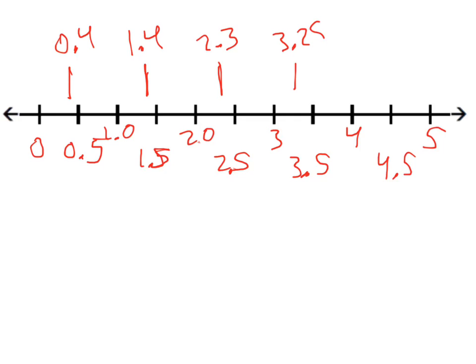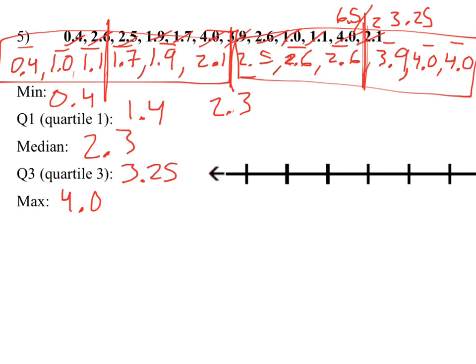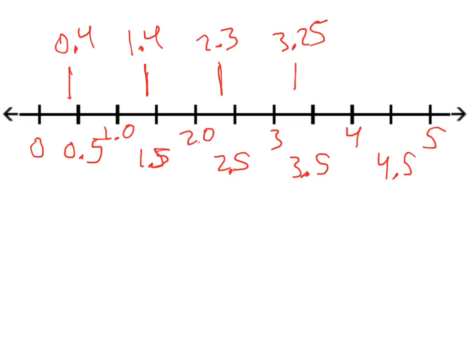So 3.25. And then the last one here is at 4. Max there. So now I got my lines, I can draw my box here in the middle, and then extend the lines out to make the whiskers of my box and whisker plot. And so there's that one, and I'm going to stop the video there.